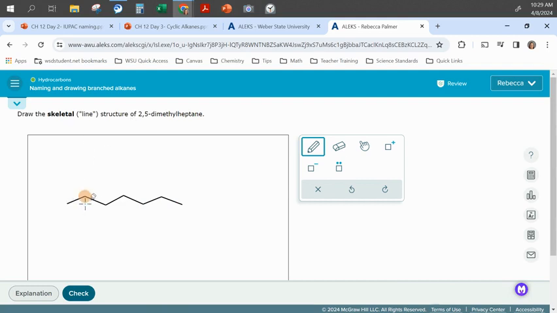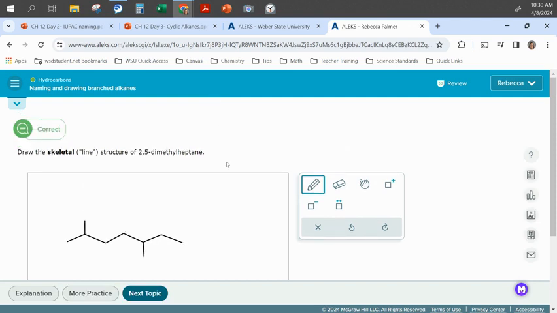All right, and at the 2 position, I need a methyl group, and at the 1, 2, 3, 4, 5 position, I need a methyl group. So just following the instructions to draw the molecule. Does that make sense? You good?